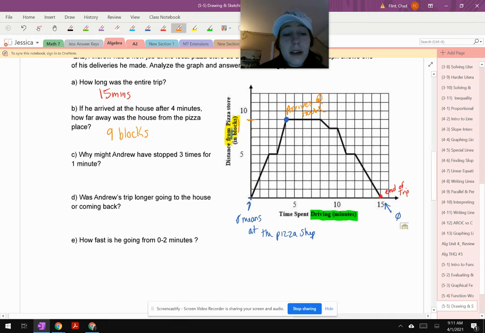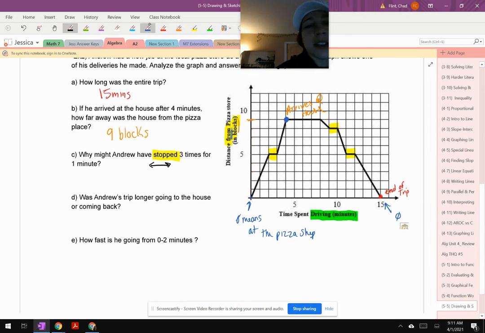Why might Andrew have stopped 3 times for 1 minute? So stopped 3 times would be going no distance, which are on those highlighted, those flat lines right there. Why? Well, he's driving. Why would you stop for a minute when you're driving?